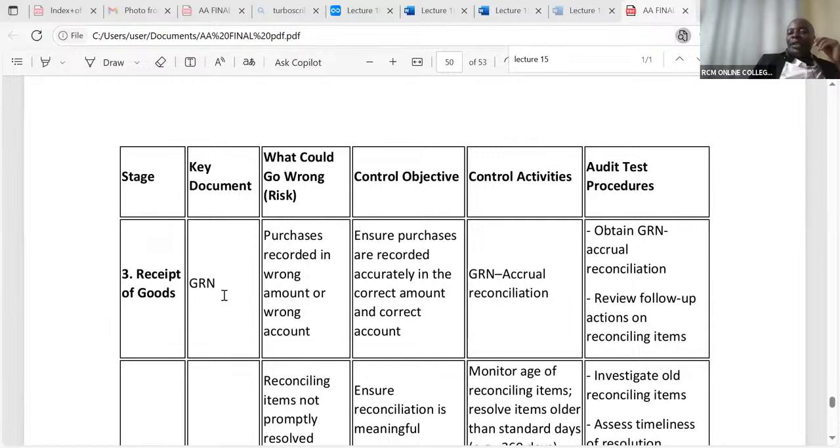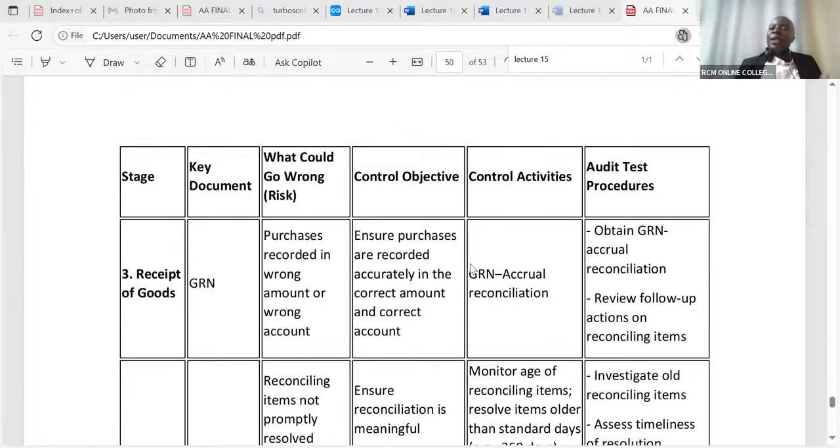So we have here receipt of goods. The key document is the goods received note. What could go wrong? Purchases recorded in the wrong amount or wrong account, even the wrong accounting year. So the controls that we shall put in as a firm will ensure that purchases are recorded accurately in the correct amount and the correct account.